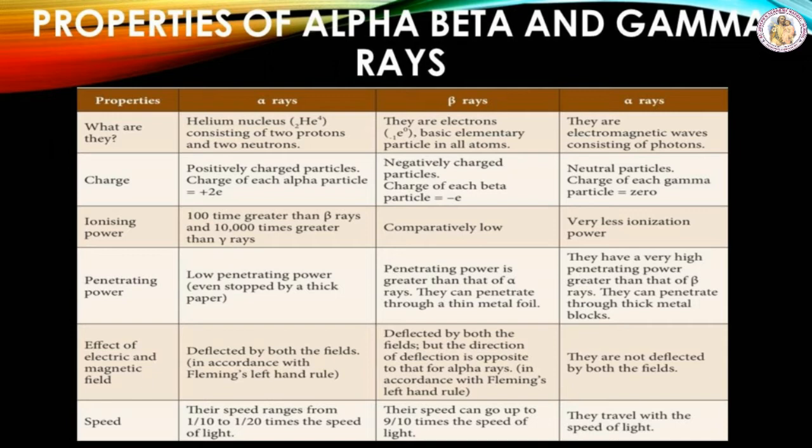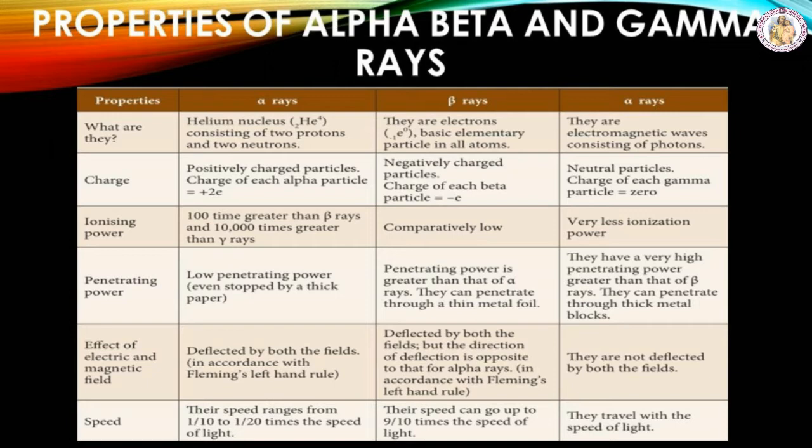Let's see the charge properties of all the rays. Alpha rays are positively charged particles. The charge of each alpha particle is equal to plus 2e. Next, beta rays are negatively charged particles.